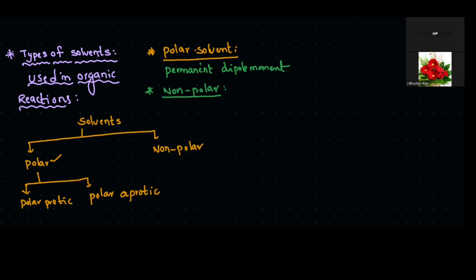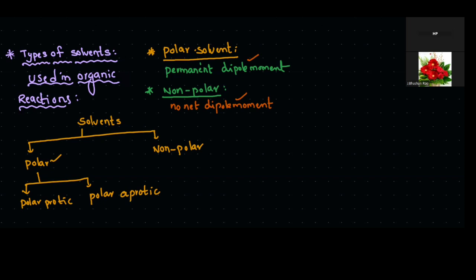Comparing the two: in polar solvents, the molecules possess a permanent dipole moment, but in the non-polar case, the molecules possess no dipole moment. Those are called non-polar solvents. Polar is again classified into polar protic and polar aprotic.